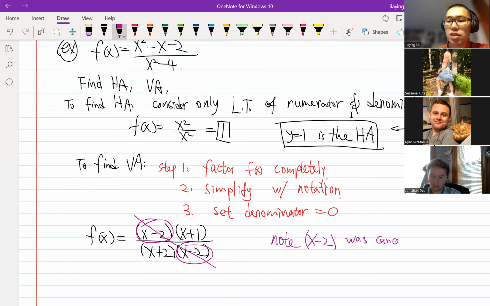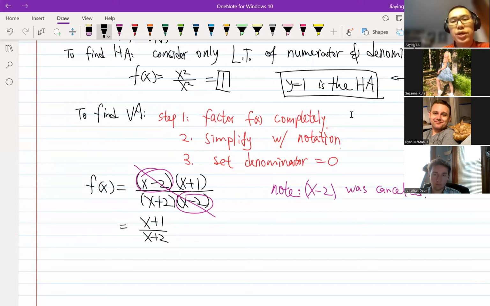You don't have to write this down, but I'm going to write it here because we need this information later on. So what we end up with is x plus 1 over x plus 2. Now after we simplify, we can set the denominator equal to 0. So that's step 3. We set x plus 2 equals 0, x equals -2. So this value is the vertical asymptote.